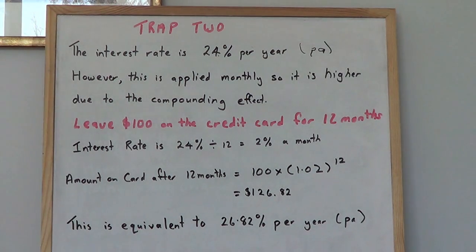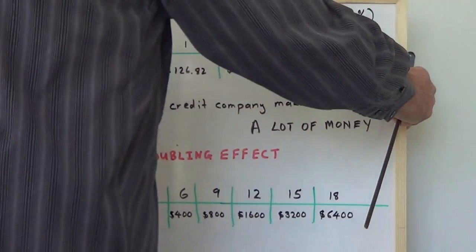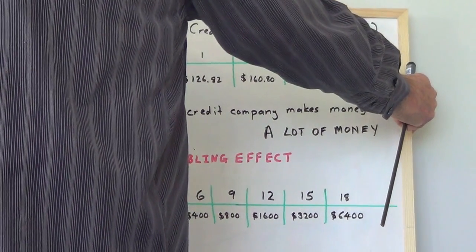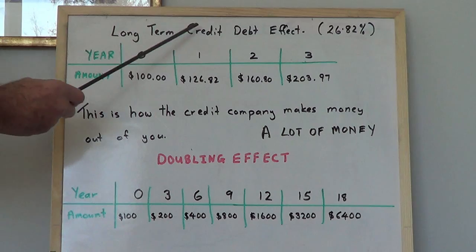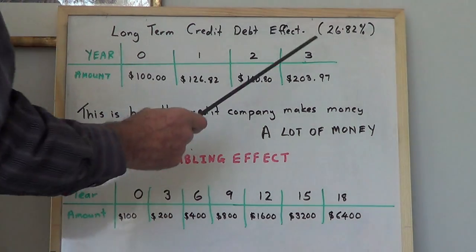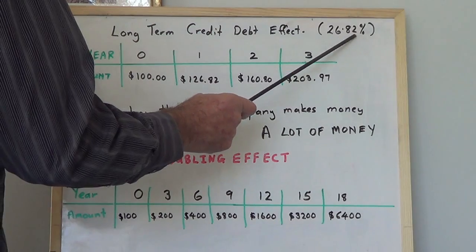So the interest rate's actually higher than you think. Now I want you to look at the long-term credit debt effect, and I'm working on 26.82%.